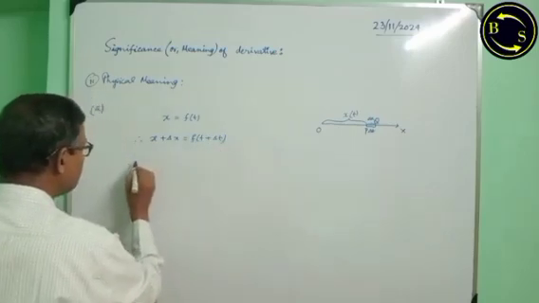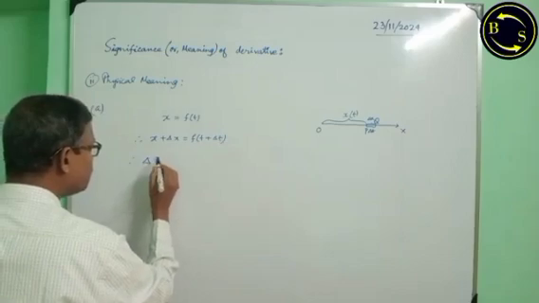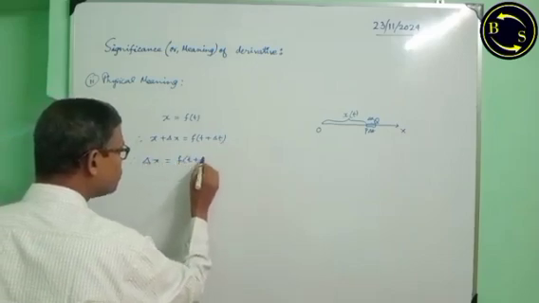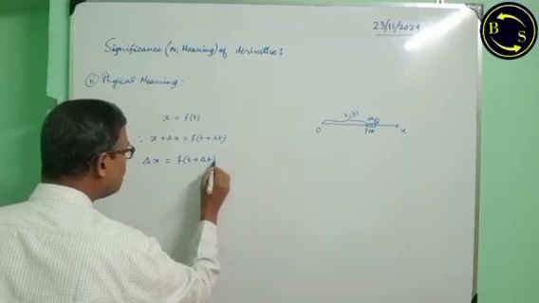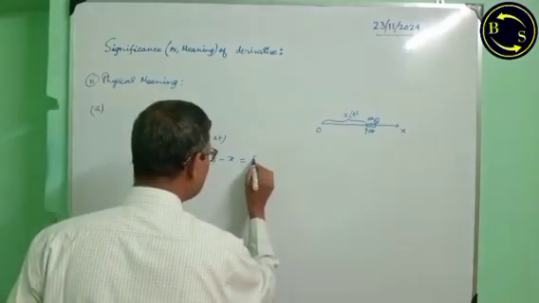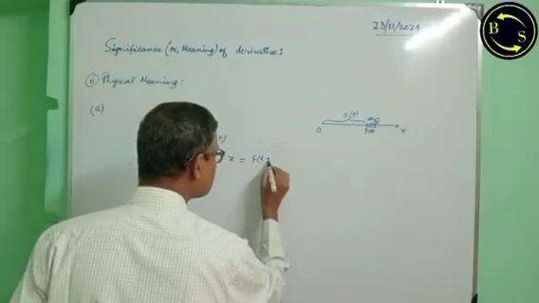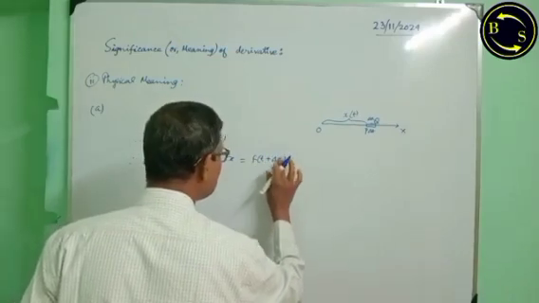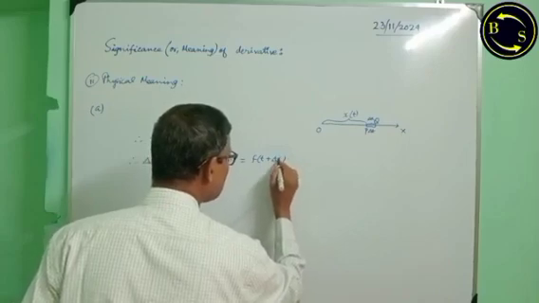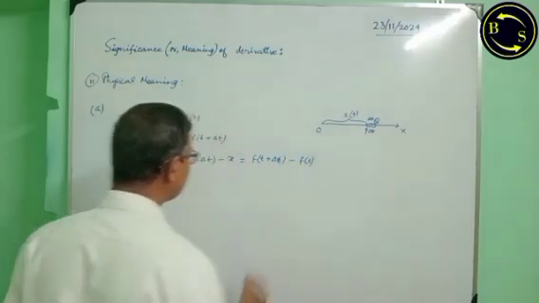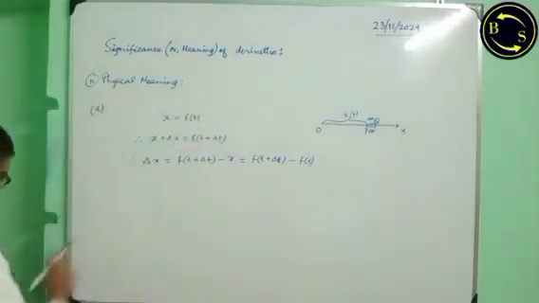Therefore, delta x is equal to f of (t plus delta t) minus x, that is equal to f of (t plus delta t) minus f(t), as x equal to f(t).